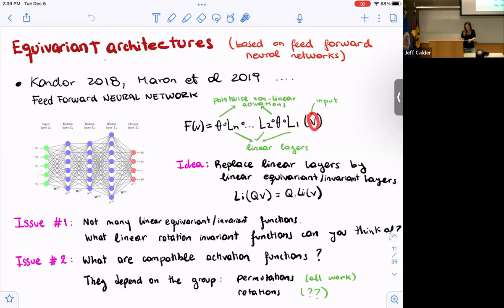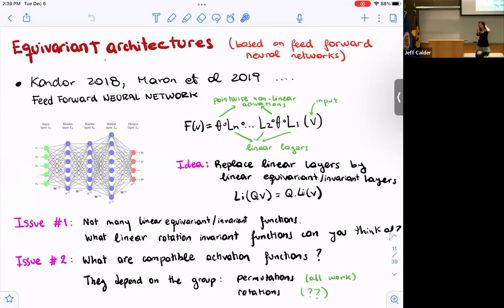You take your input, a vector in R^d, and then you apply a linear map, and then you apply a nonlinear pointwise function like a ReLU to each of the entries. Then you apply another linear map, etc. And that's basically how the function is defined. So what you learn are the weights of the linear maps. You learn the linear maps from data. Affine or? You can do affine, yeah.